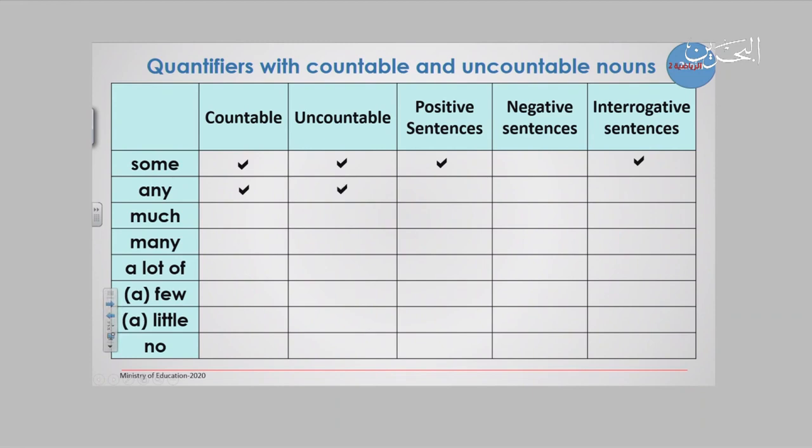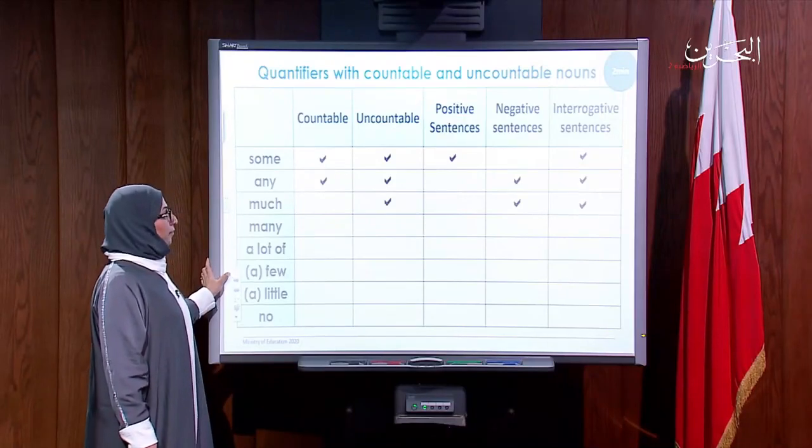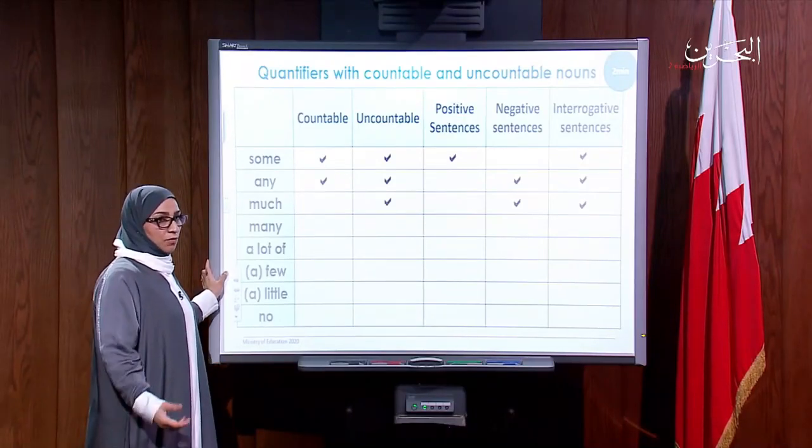Uncountable, also I can use it in a question. Negative sentence. And interrogative sentence, which is the question. Let's go to the third one, much. Uncountable, negative sentence, and interrogative sentence, which is the question.